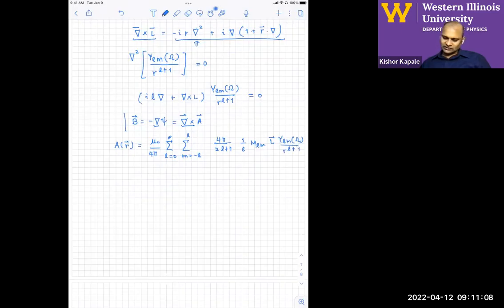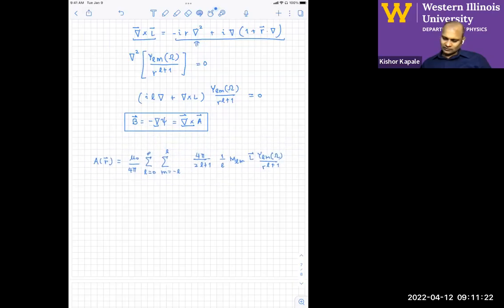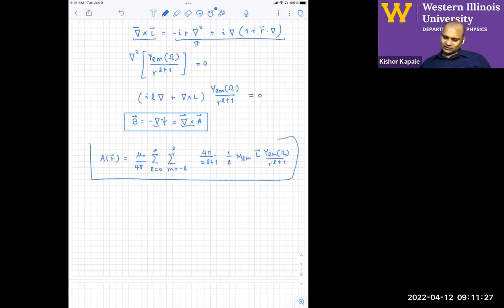So using this construct, if we have a multipole expansion for psi, we can write down this multipole expansion for the vector potential, where the only thing that is different is the addition of this L operator on there, right?